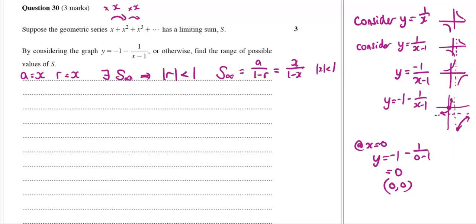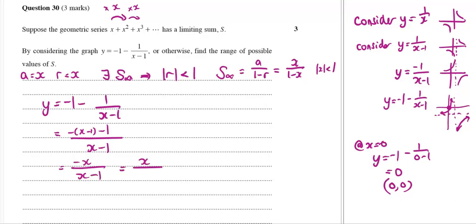So this graph they've asked me to consider, -1 over x minus 1, if I tidy that up, it's minus 1 over x minus 1, minus 1, so it is minus x on x minus 1, or the same as x over 1 minus x. So that is in fact the infinite sum I've been asked to consider.